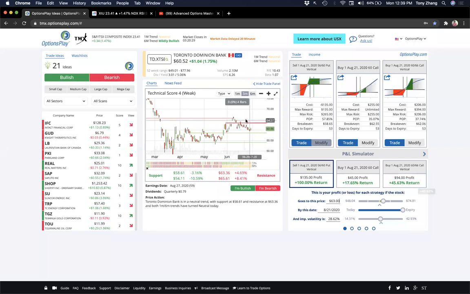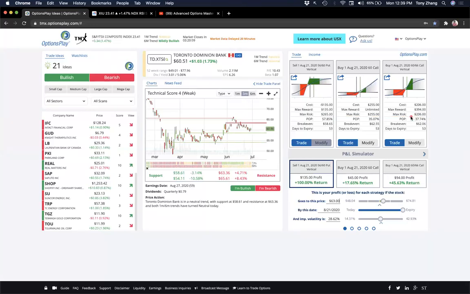So that's at a bare minimum if I was looking at these three strategies. If I think the stock's going to make a mild move to the upside, I'm better off selling the credit spread. I'm going to collect $135. And as you can see, the three strategies risk roughly the same: 265, 255, and 206.